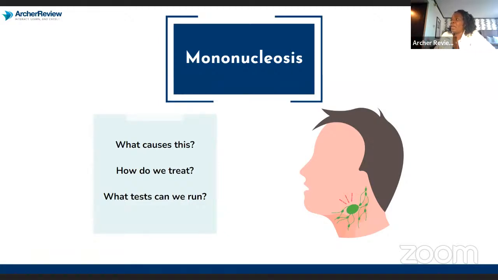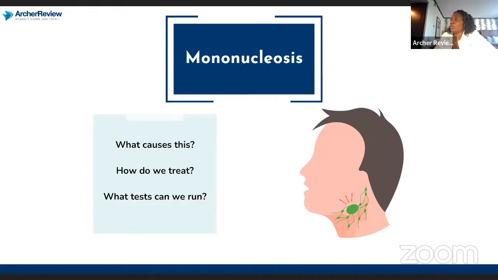Be sure that they are avoiding contact sports for at least 4 to 6 weeks, because we don't want them to get injured or rupture the spleen with splenomegaly. If that happens, that would be very serious. So we want to make sure they don't do any contact sports.